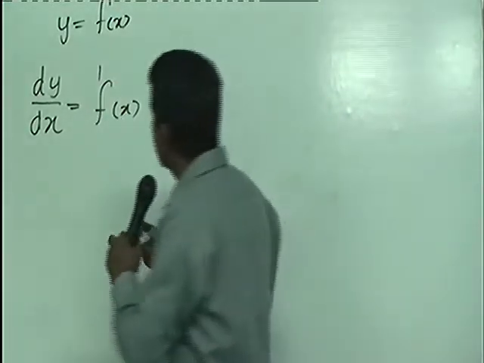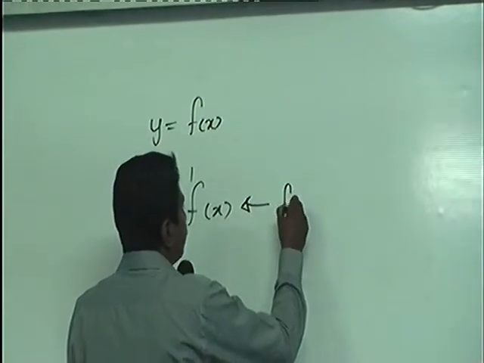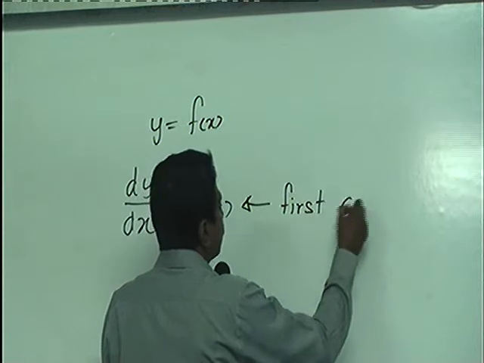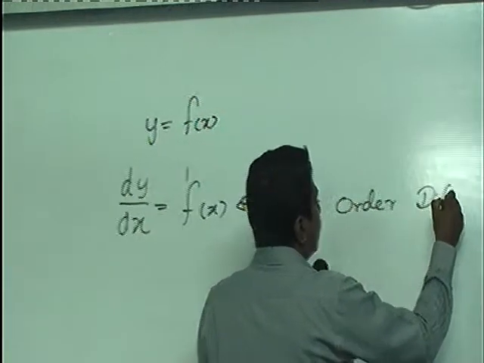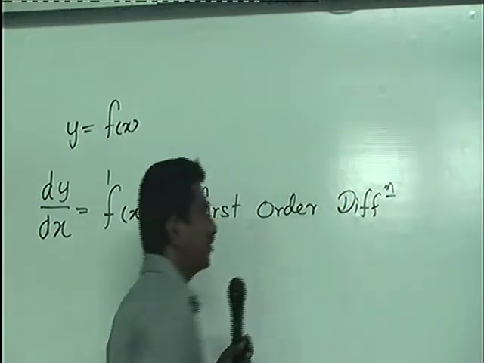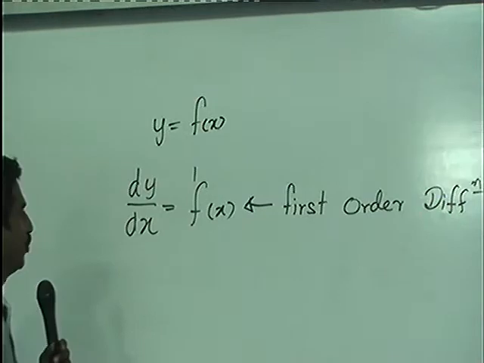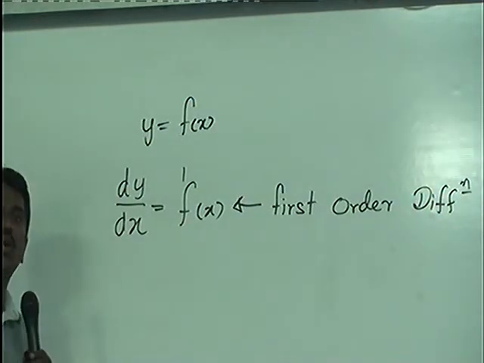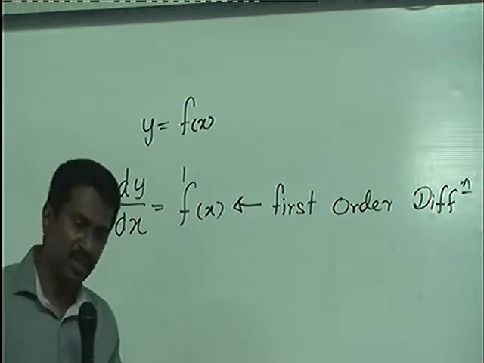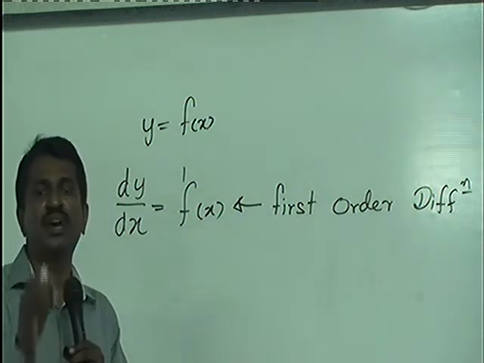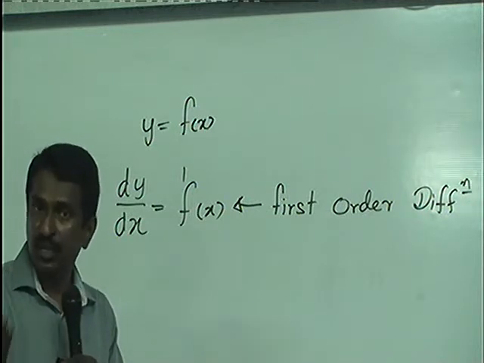So this is the first order differentiation. Now, we are going to write the second order differentiation. What do you mean by the second order differentiation? That means you differentiate the function 2 times.